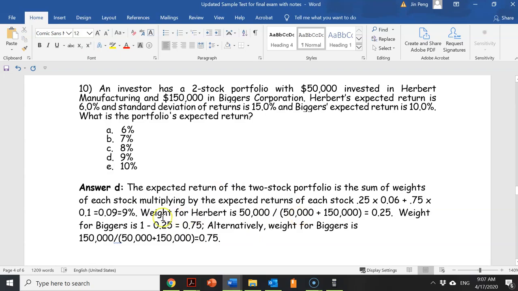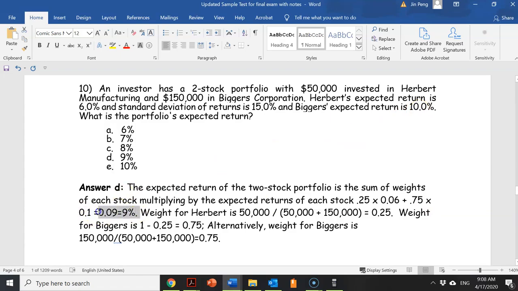Okay, and then we can use the weight for the first stock, 0.25, multiplied by the expected return for the first stock, 6%, which is also 0.06, plus 0.75, the weight for the second stock, multiplied by the expected return for the second stock, 10%, which is also 0.1.